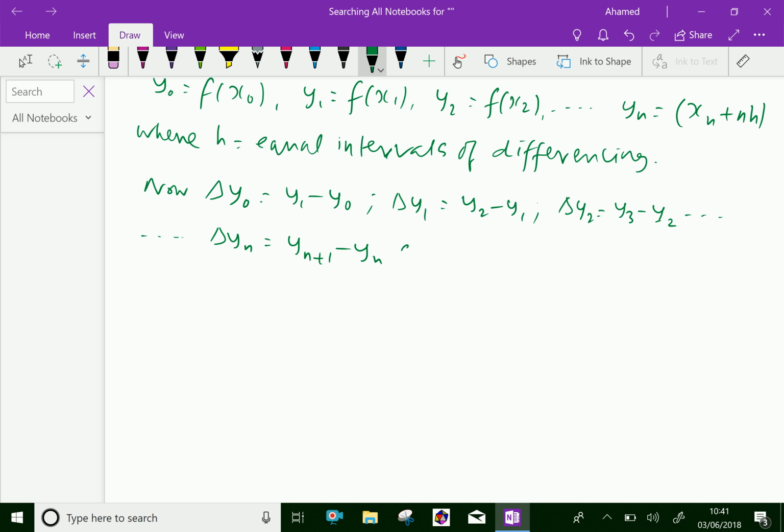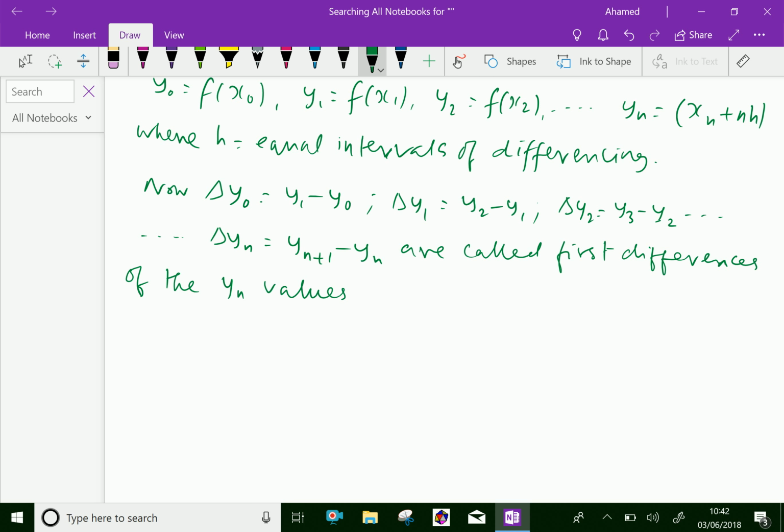These are called the first differences of the yn values.